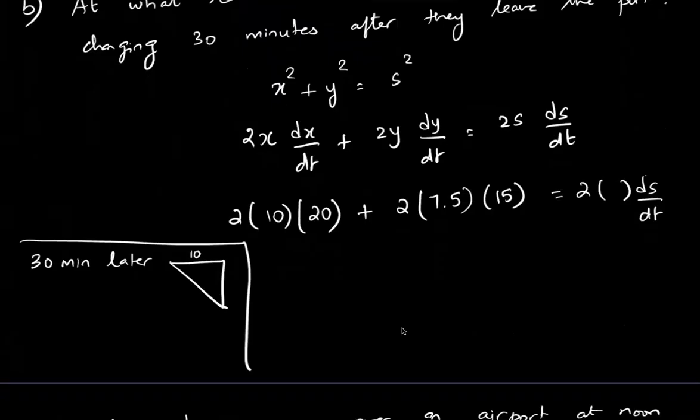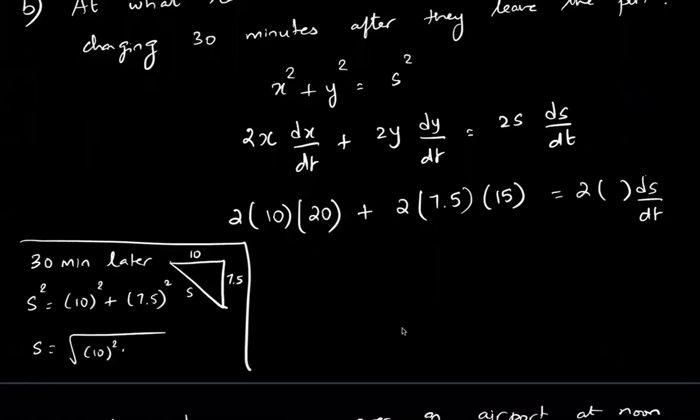I know that boat A has traveled 10 miles. Boat B has traveled 7.5 miles. So what is the distance between the two of them? So that is given by 10 squared plus 7.5 squared. So s is nothing but the square root of 10 squared plus 7.5 squared. Okay.